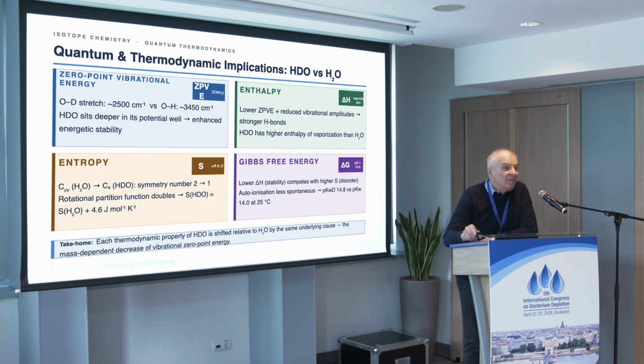Another thing which is very, very important is the entropy. It's a huge change in the entropy because of the symmetry change. And all these together with the temperature influence the Gibbs free energy very importantly. So the idea is that the transcriptome is responding to this altered thermodynamic landscape.